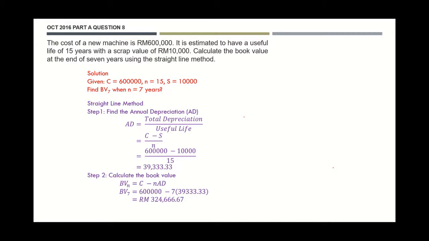Substituting this value into the formula and evaluating, you found that the book value at the end of the 7th year is 324,666 ringgit 0.67 cent.